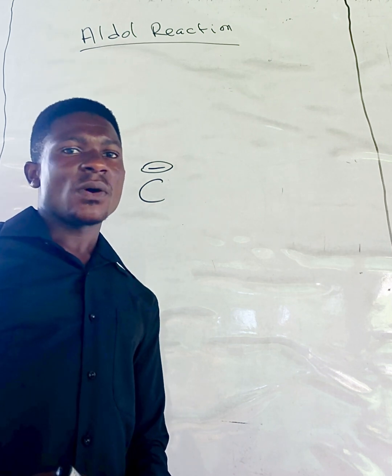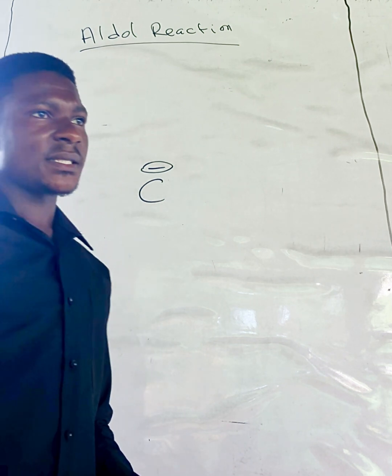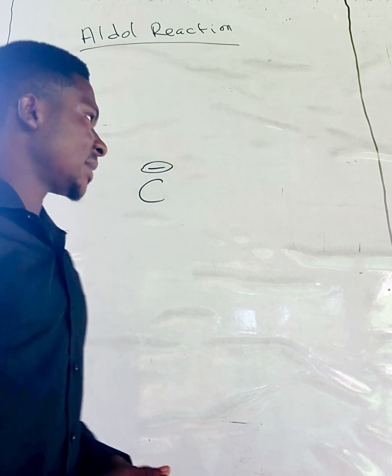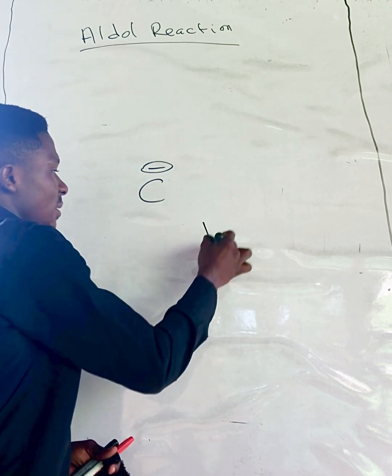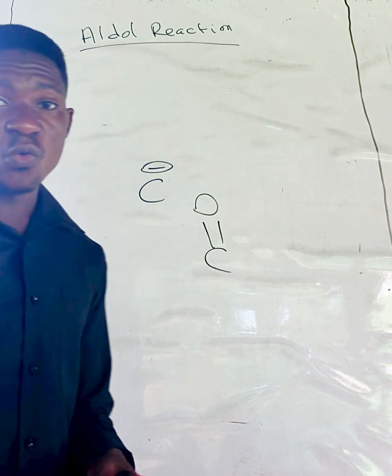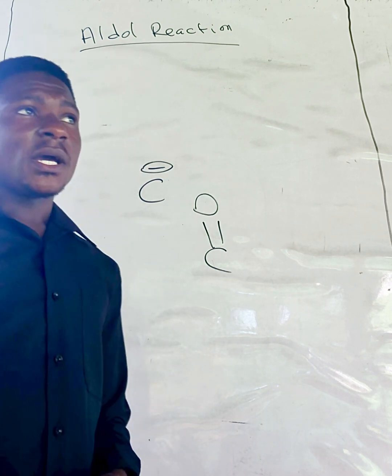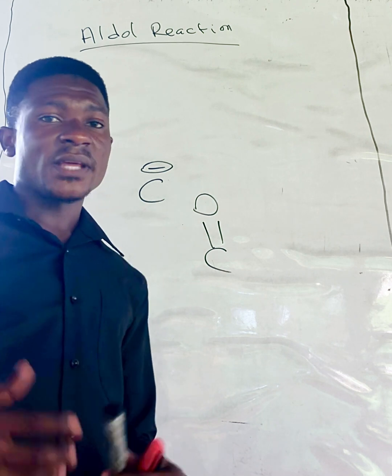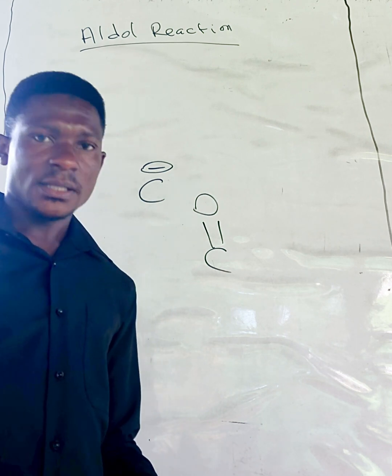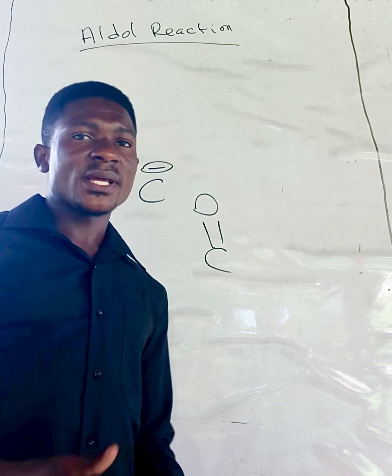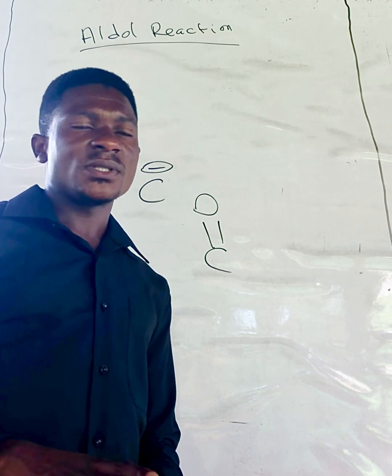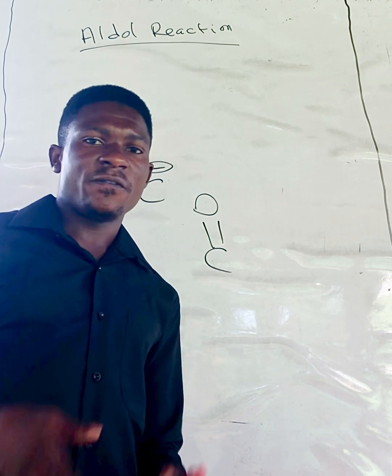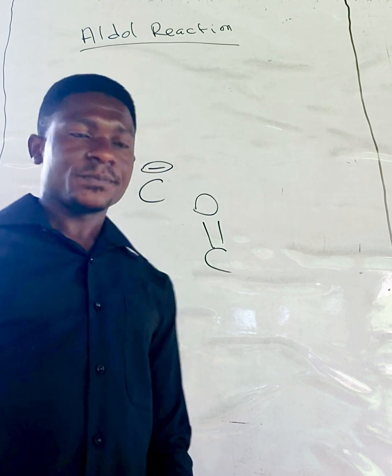When we say carbonyl compounds, we are looking at organic compounds that have this particular functionality, the carbon double bond oxygen functionality. We know that there are several kinds of carbonyl compounds. We have the aldehydes, the ketones, the esters, and so on. We are going to be looking at them individually, and then we'll see how they all fit into this particular course.